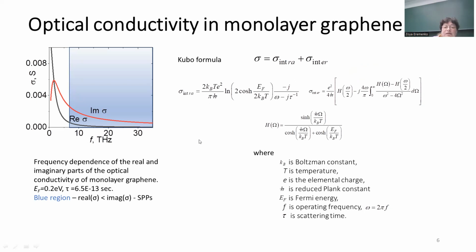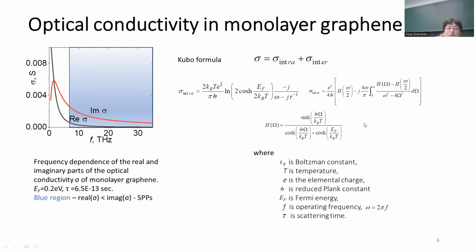Optically, graphene has a conductivity whose real and imaginary parts are shown in the picture. In the blue region, the real part of the conductivity is much less than the imaginary part. Only in this region can we find plasmon-polariton propagating waves.